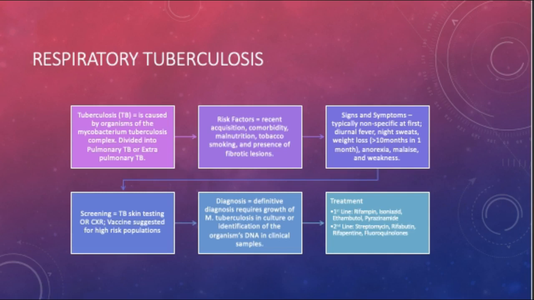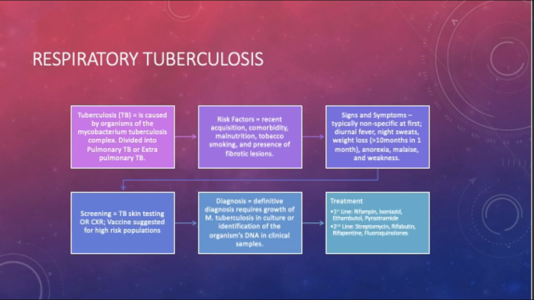Signs and symptoms depend on what system is affected, but you can see anything from painless swelling of the cervical, supraclavicular nodes, straw-colored pleural fluid with elevated protein levels. They can have urinary frequency, dysuria, kidney lesions, hydrocephalus, intracranial hypertension, intestinal obstruction, or pericarditis. So really it depends on what system is affected.